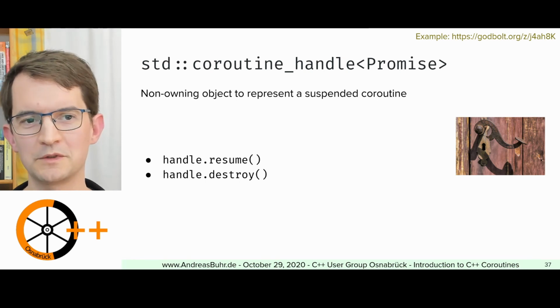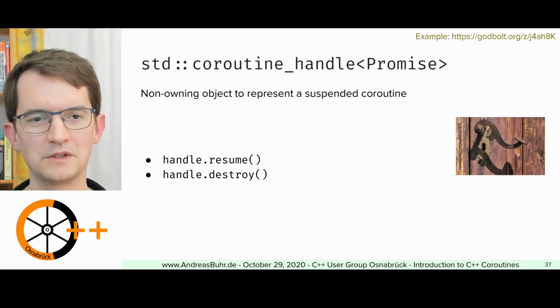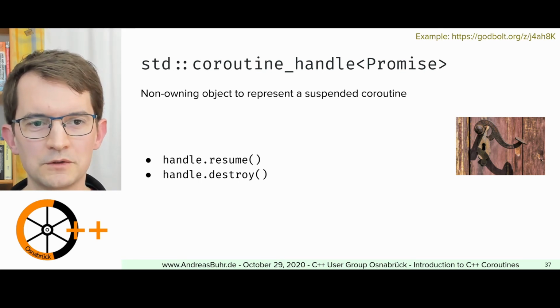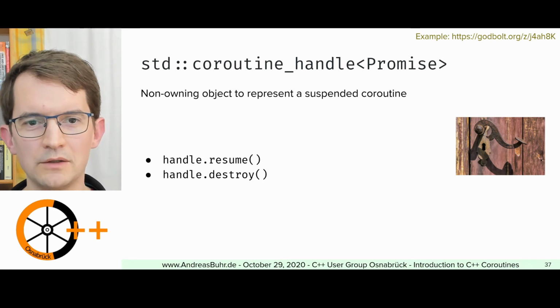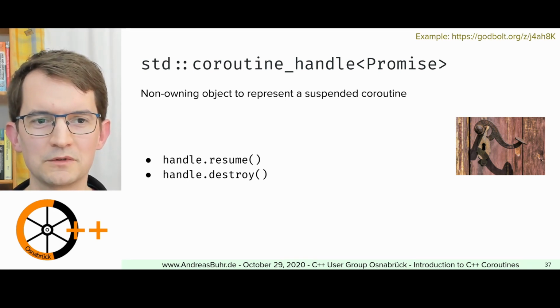So resume is like a function call into the coroutine. The coroutine will run till the next suspension point. And destroy will destroy the stack frame. And if you destroy a coroutine, also all local variables which were alive at the current suspension point will be destroyed.